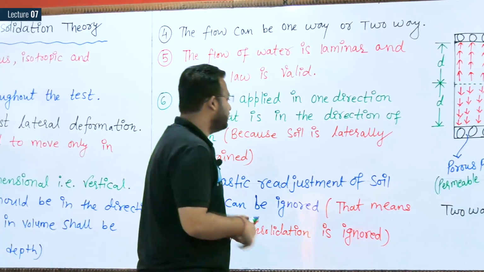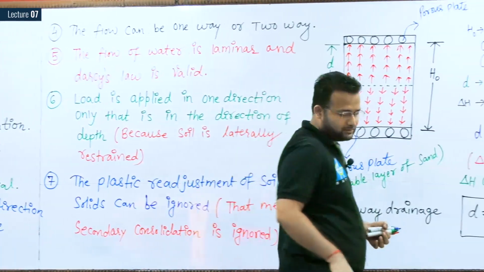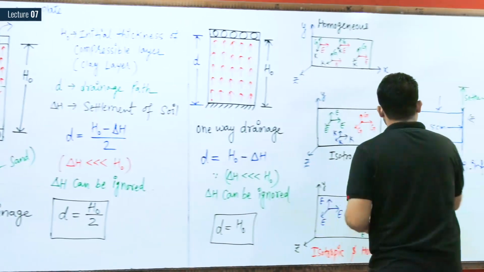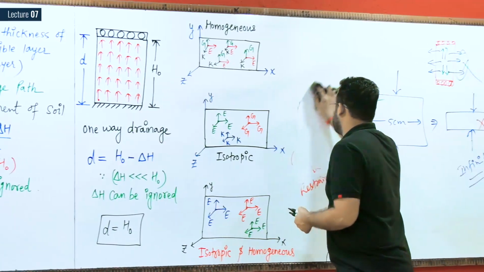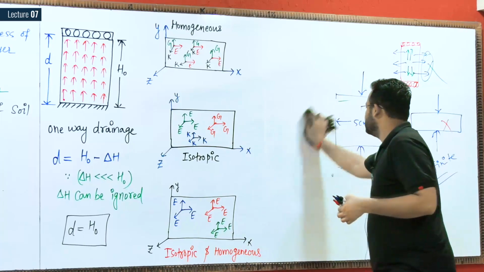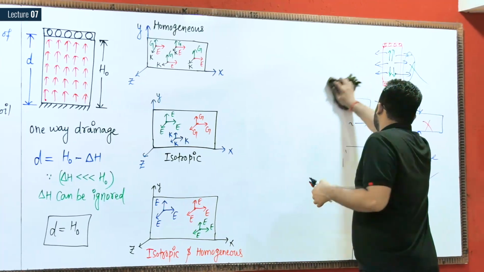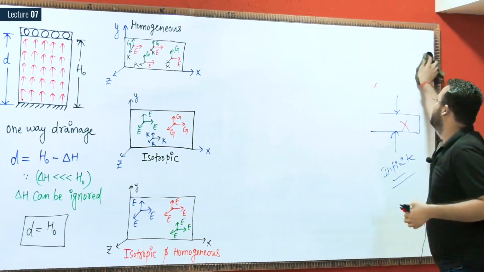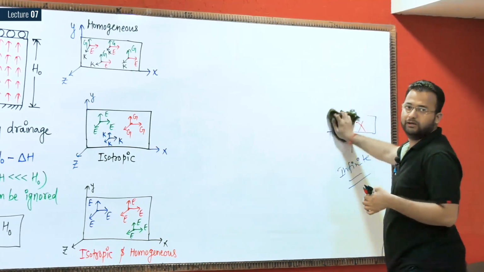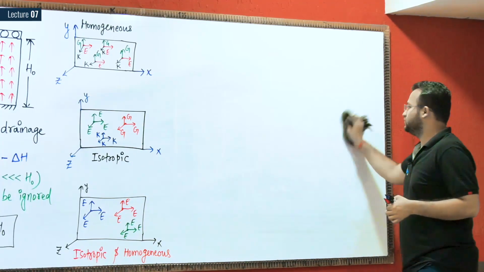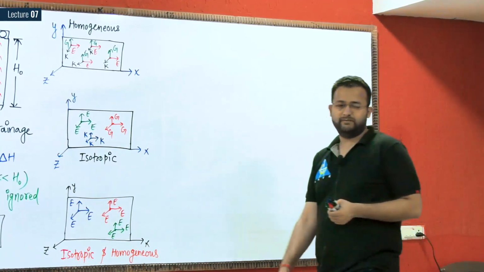So secondary consolidation has less significance as compared to primary consolidation. Primary consolidation occurs after infinite time, but for all practical aspects, we can assume primary consolidation to complete at 90% degree of consolidation.